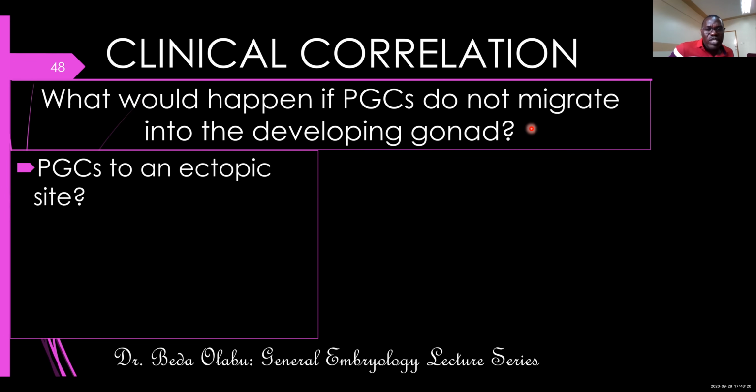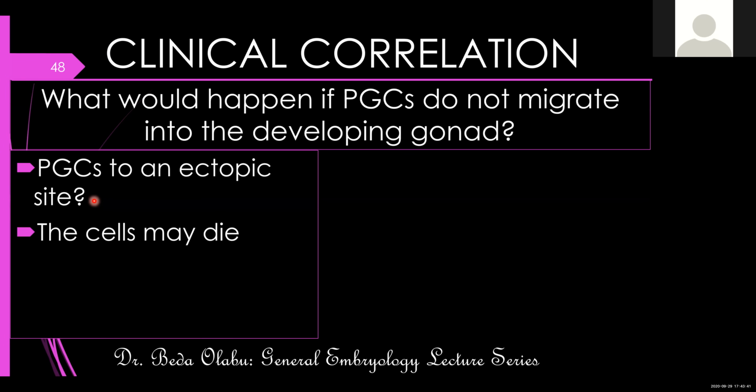Ideally they should find themselves in the testis or in the ovary, but they may not get there. So if they find themselves in an ectopic site, what happens to them? That's our question here.